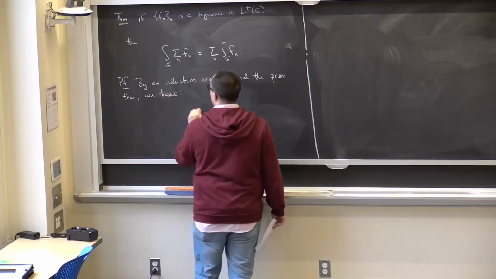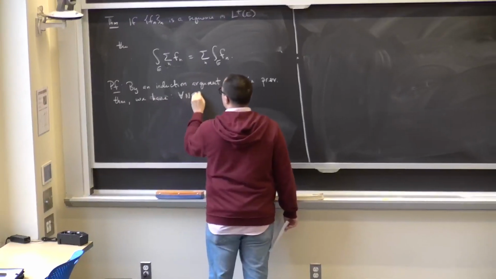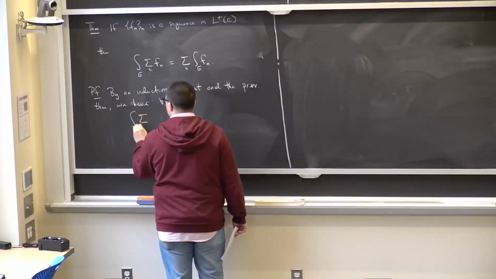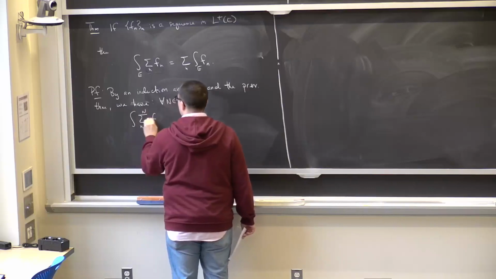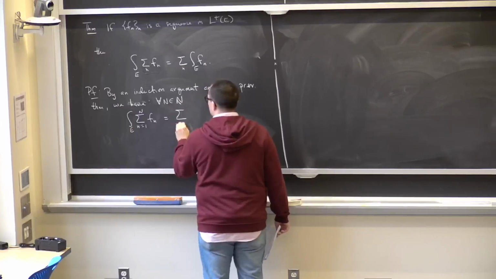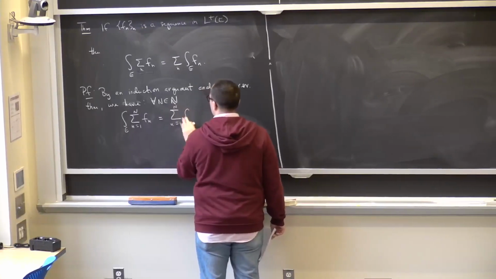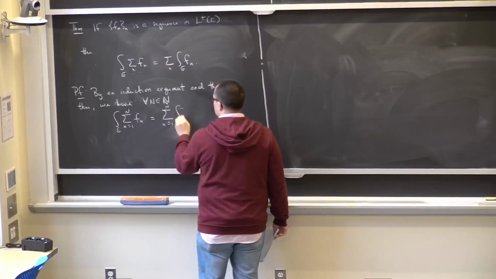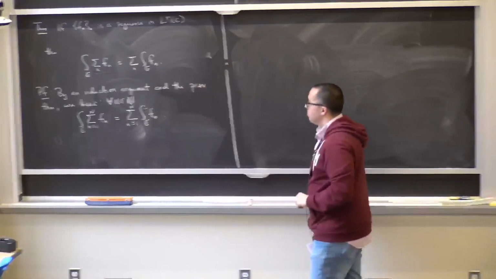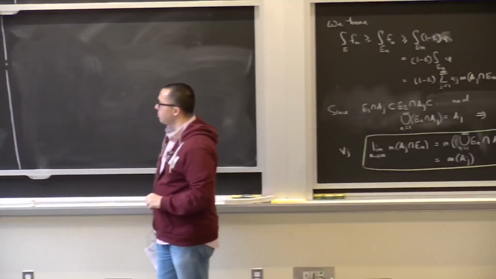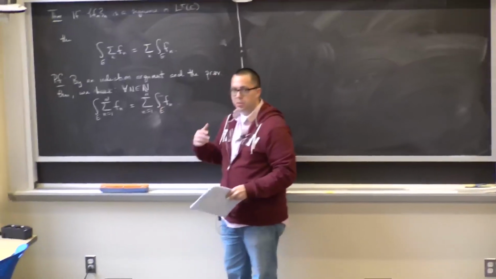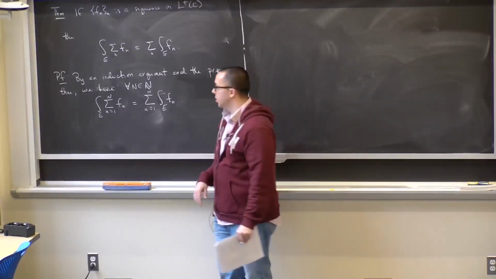we have the statement that for every fixed natural number capital N, the integral of the sum from n equals 1 to capital N of Fn over E is equal to the finite sum of the integrals. Okay? So if you can do something for 2, usually you can do something for n by an induction argument.